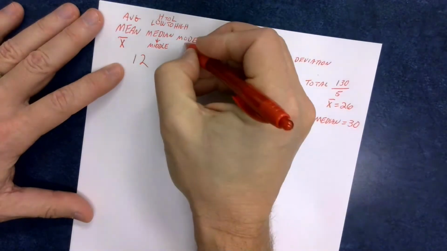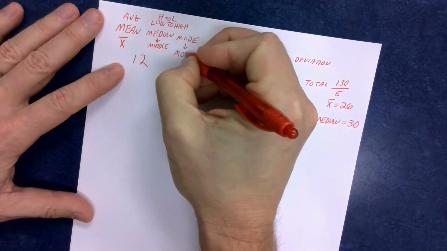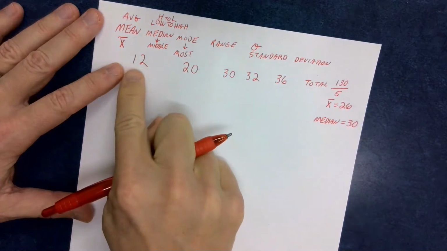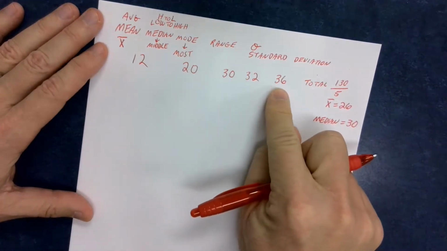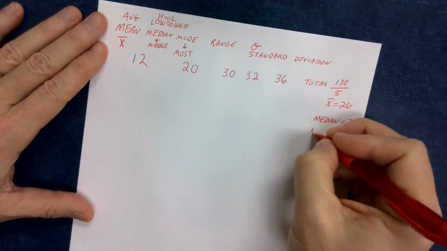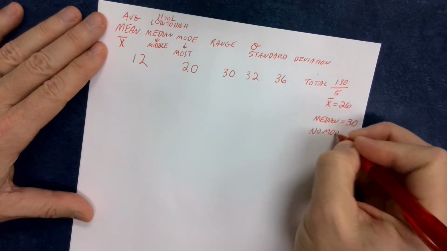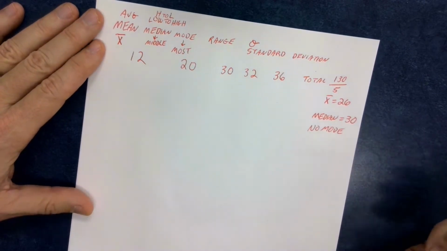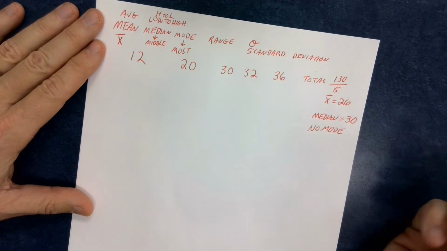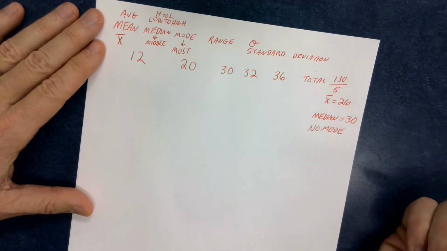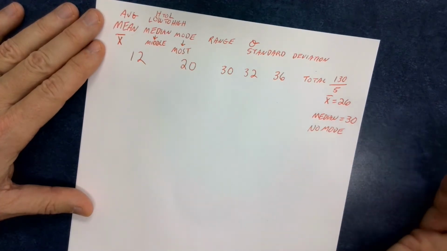Okay, so mode is the number that occurs the most, and you can see that none of these numbers repeat. So there's nothing here that's a mode, and you can have one mode, you can have more than one mode. Where would we consider modes important? Let's say that we were selling cars at a car dealership.